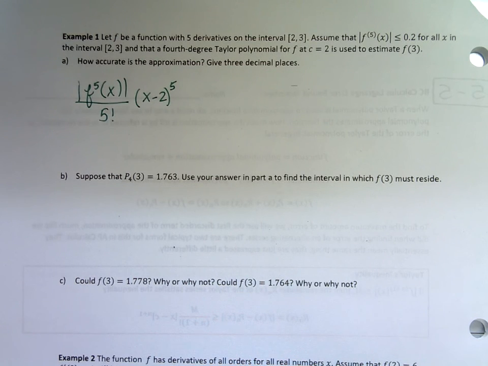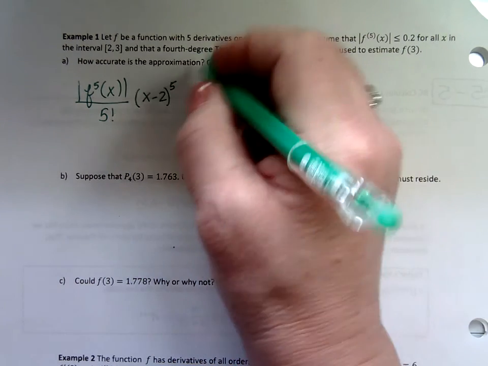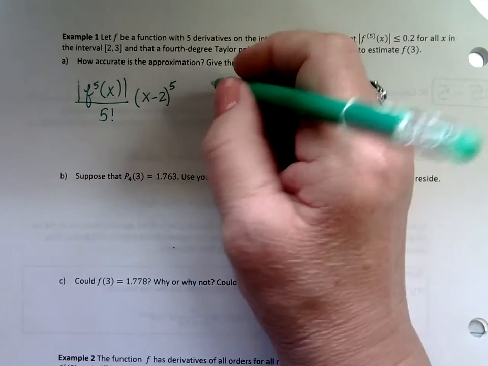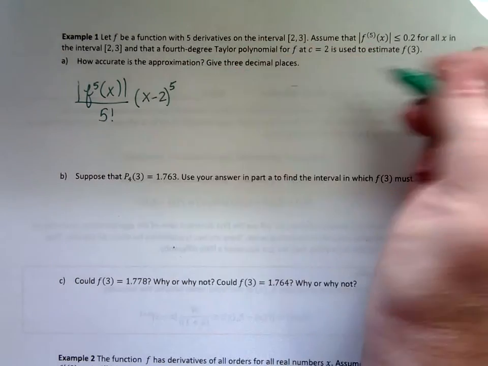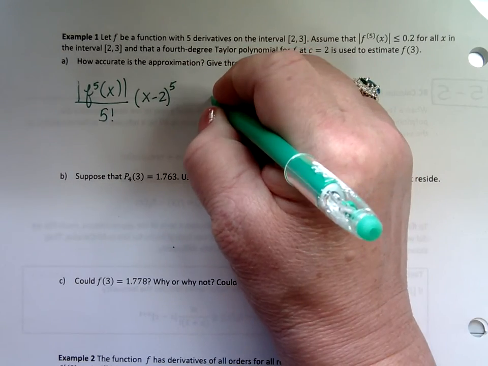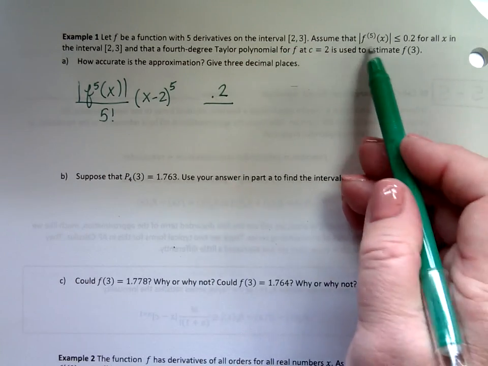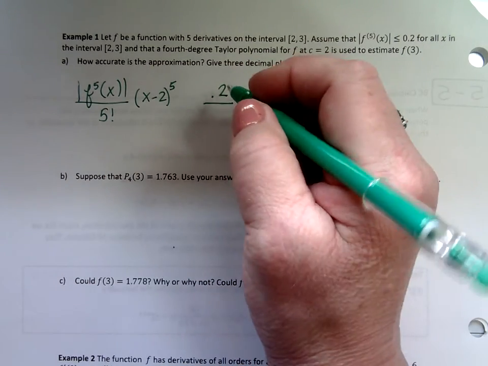I know that the 5th derivative is less than or equal to 0.2. So that's the maximum it can be. If you look back on the front page, it has a capital M in the location where this is. So I know that 0.2 is the biggest that it can be. That's my f to the 5th of x, over 5 factorial.